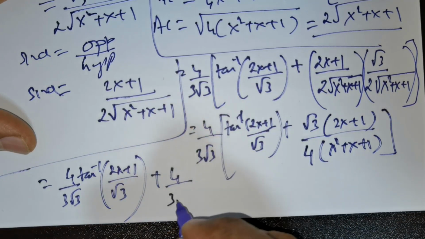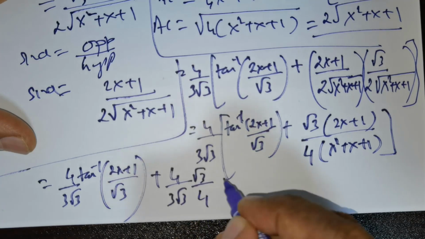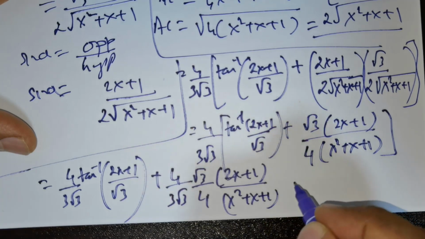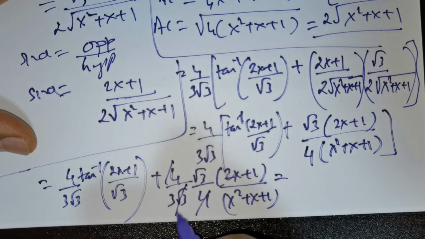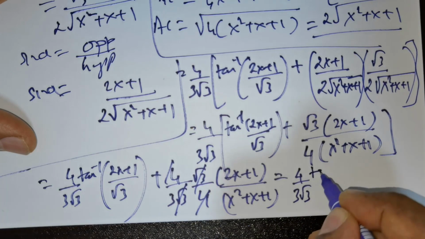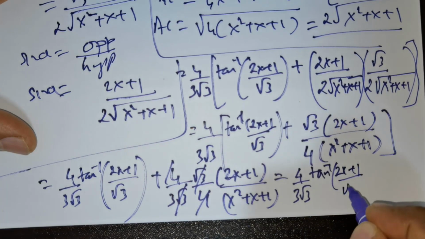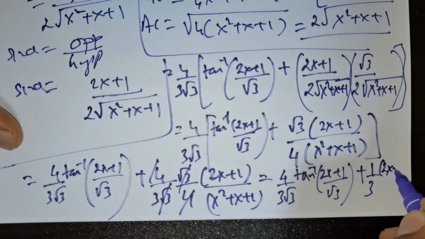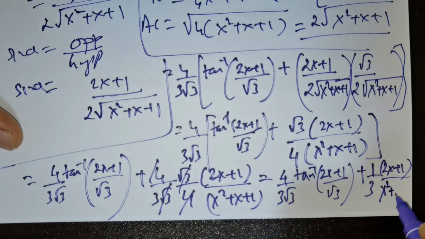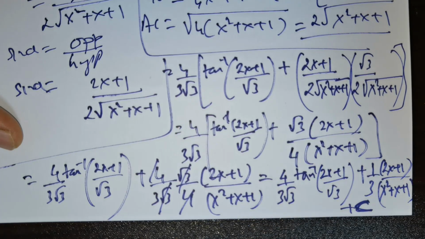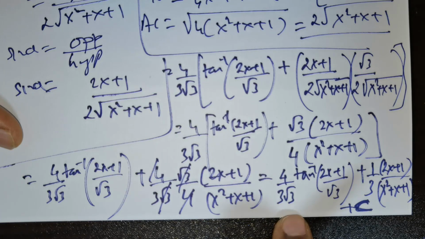So let me write that down. 4 into root of 3 times root of 3 into 4 times (2x + 1) divided by (x squared + x + 1). So 4 can be cancelled, root of 3 can be cancelled, giving us 4 over 3 into root of 3 tan inverse of (2x + 1) divided by root 3, plus 1 over 3 times (2x + 1) divided by (x squared + x + 1), plus arbitrary constant c.